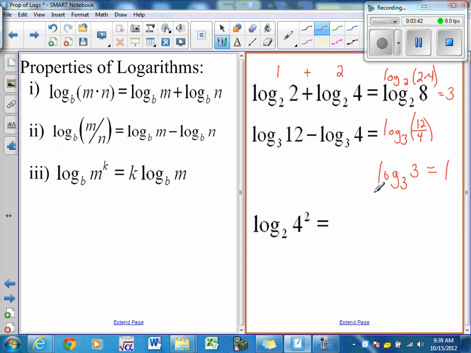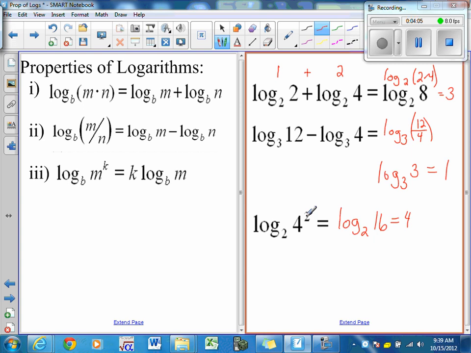And the final property, this is a big one we use a lot, is if we're trying to solve or have this k as an exponent here, we can move this k out in front. So for example here, I have log base 2 of 4 squared, which is the same as log base 2 of 16, which we said earlier is 4.